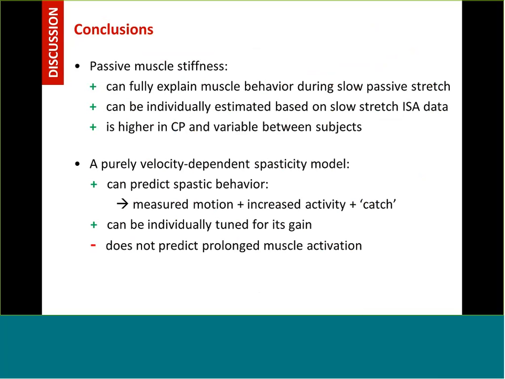We showed that the parameters of the model could be tuned to individual patients with a range of severity in their spasticity. However, prolonged muscle activity after the stretch phase has ended could not be predicted by just a velocity-dependent model.